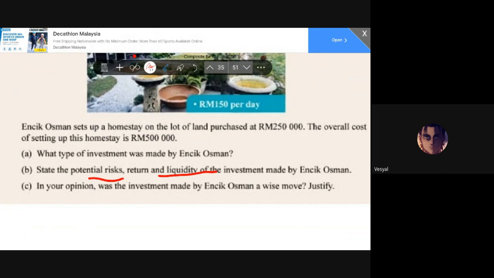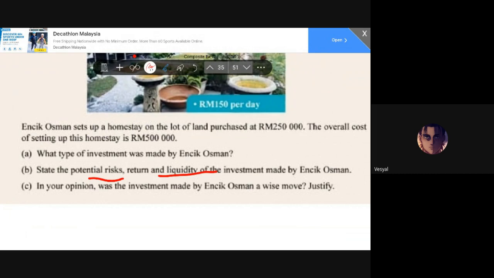Potential risk moderate, liquidity low, return high. Only the potential risk is slightly out. They said potential risk is actually low. Let me think. I think moderate also they won't mark you wrong because moderate is quite subjective. Is moderate more inclined towards high risk or low risk? So I think moderate is quite a safe answer as well. I don't think they will be so strict on that. As long as you don't put high, then it'll be okay.